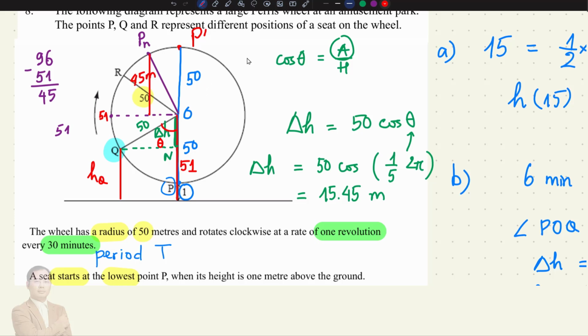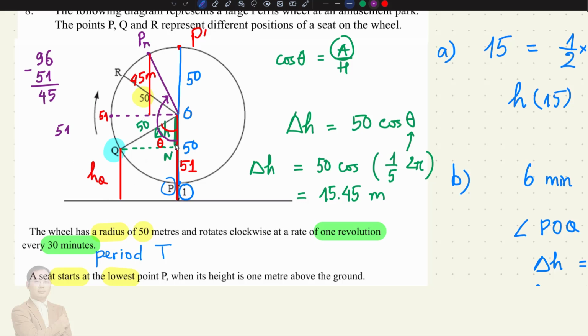Therefore, the angle that the object rotates is this angle here, and I need to determine that angle. I know that this angle is 90 degrees.